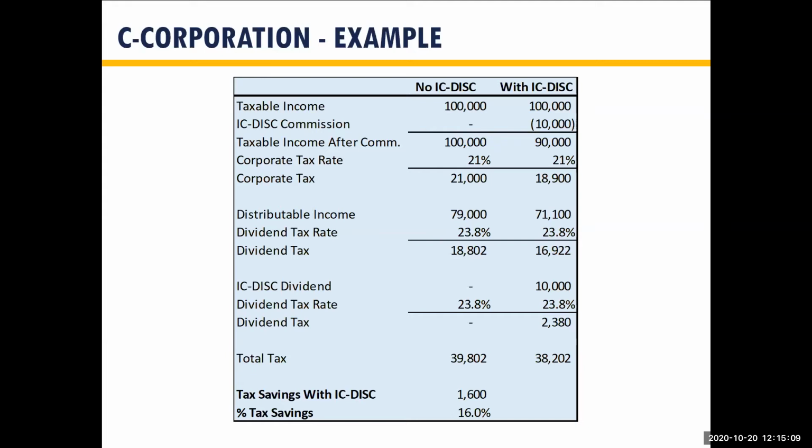Now we bring in the $10,000 IC-DISC dividend from the commission. That's taxed at $2,380. So our total tax with the IC-DISC in the structure is $38,202. And that's a reduction of $1,600 from the tax we would have paid without the IC-DISC. And if we take that divided by our commission of $10,000, you'll see our tax savings is 16%.